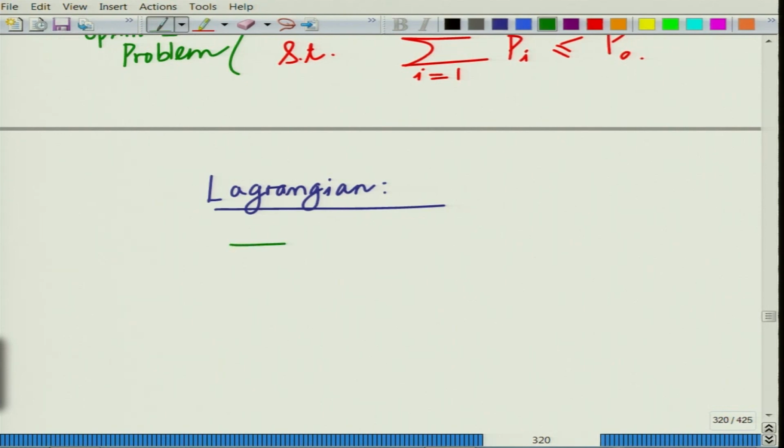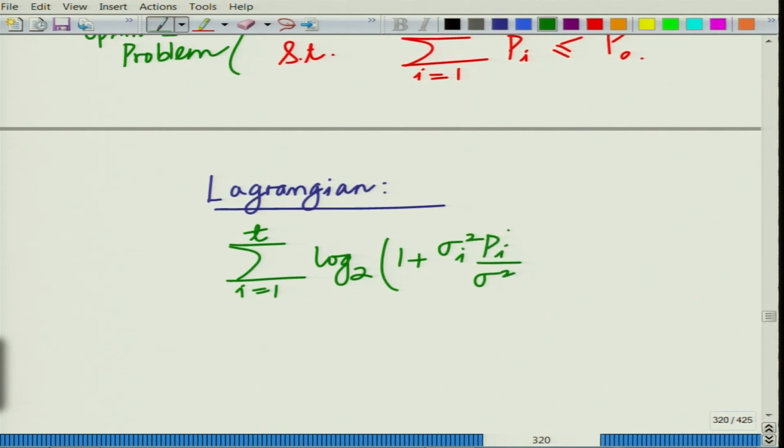That is, if you look at summation i equal to 1 to t, log, this is the optimization objective, log to the base 2 of 1 plus sigma_i square p_i by sigma square, plus lambda times P naught minus summation i equal to 1 to t p_i.